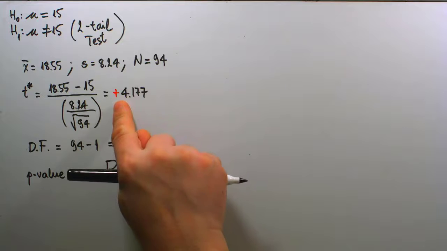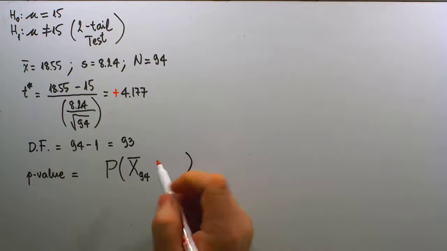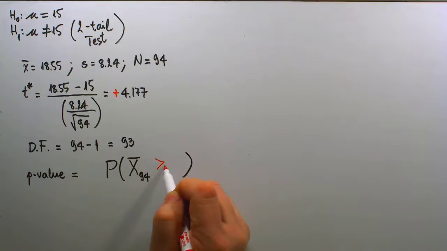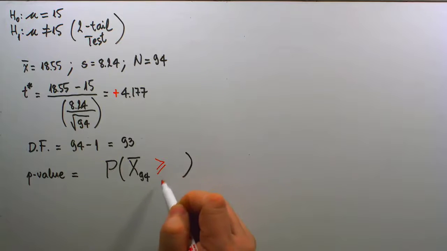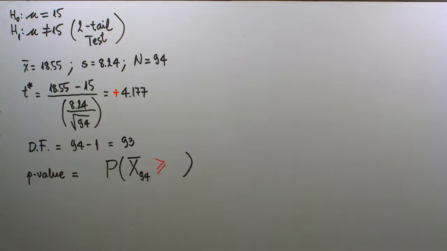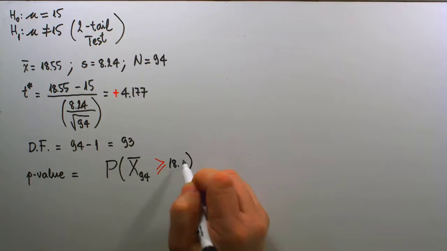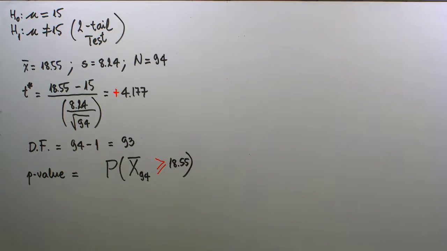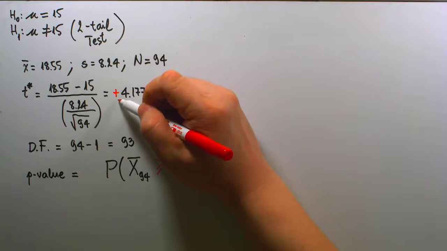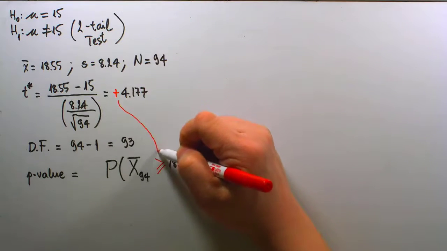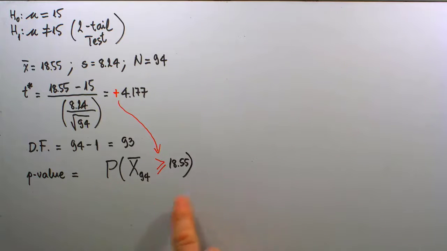So because of that, I am going to use the right tail inequality, meaning greater than or equal, and our sample mean value here is 18.55. And so this positive sign of the t-score is responsible for firing up the probability calculation as a right tail.